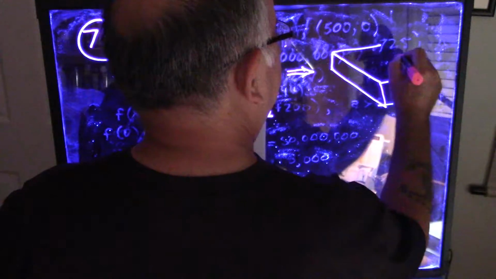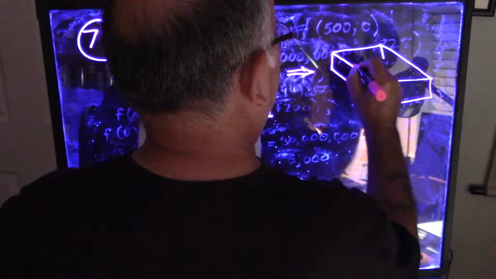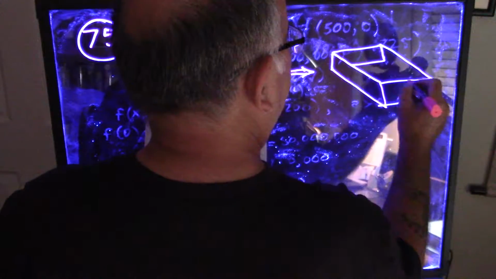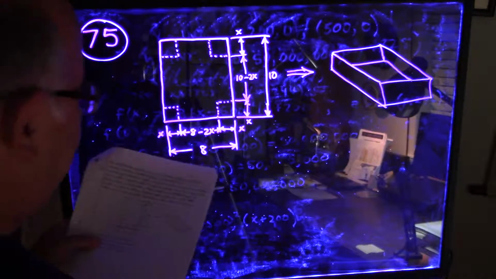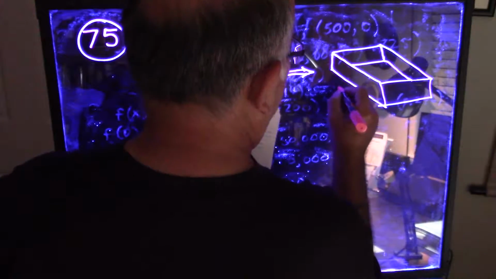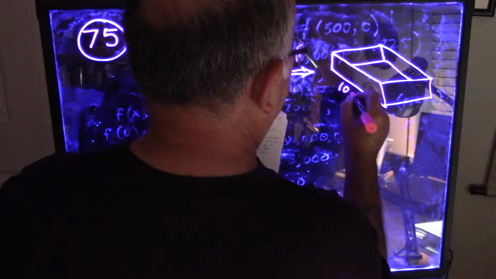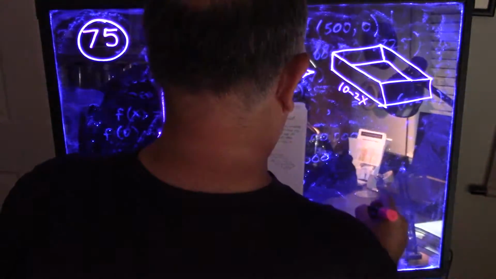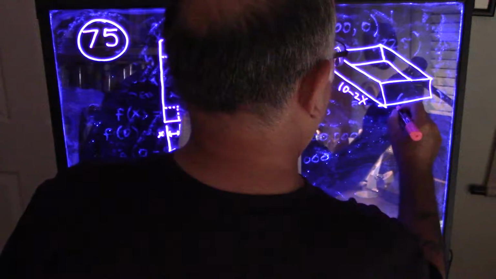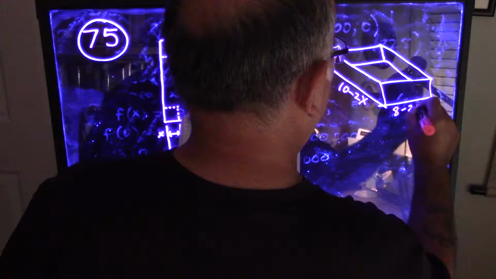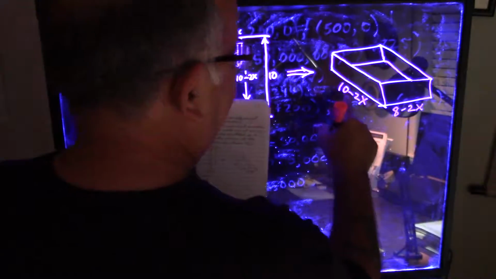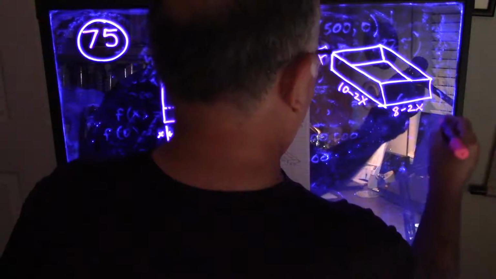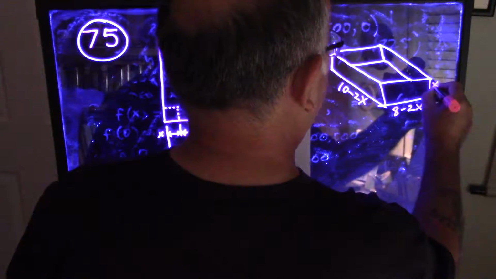And we hope it's not this crooked. So it kind of looks like that. One edge is 10 minus 2x. The other one is 8 minus 2x. And so what you need are 3 dimensions. You've got 2 here, and now you need 1 more, which would be x. All right.